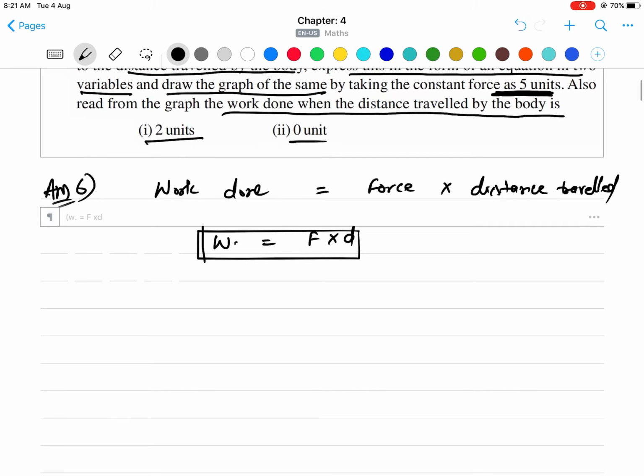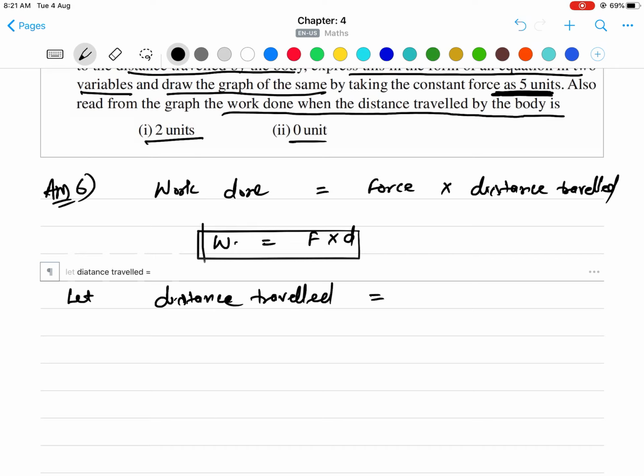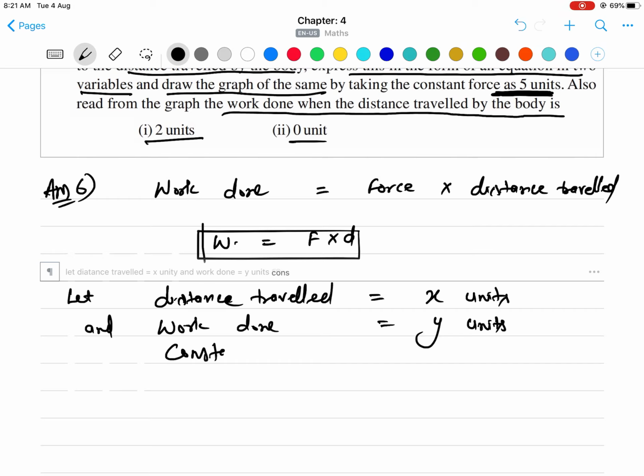In this question, let the distance traveled by the body be x units, and the work done by the body be y units, and we are given that the constant force here is 5 units.